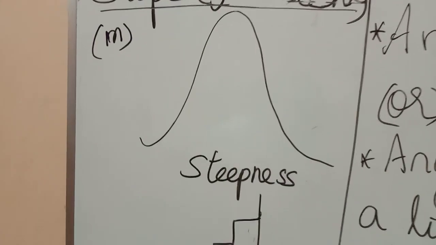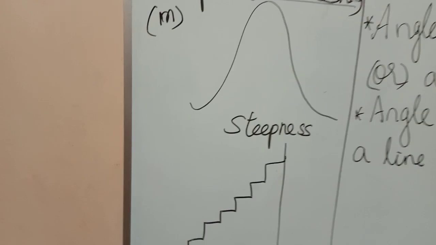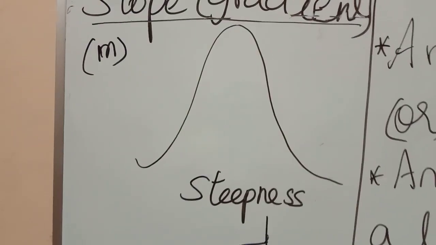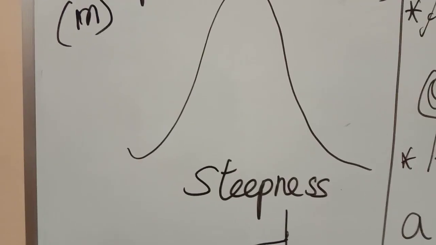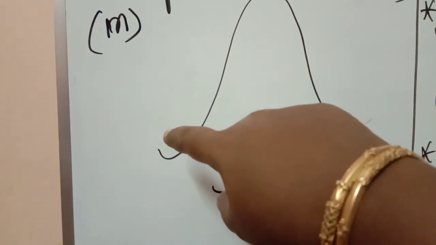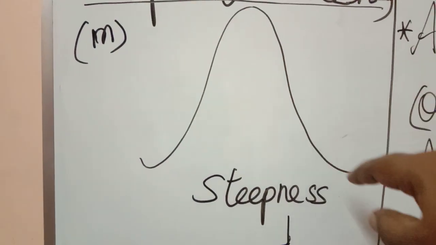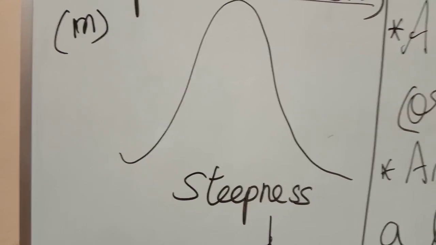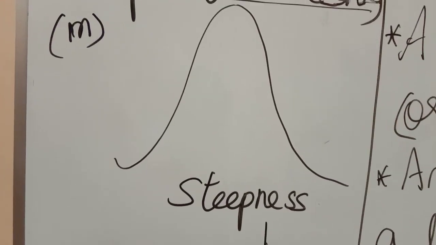In our daily life, we are using that without knowing its mathematical terms. Suppose a hill is there. Anyone traveling along a hill feels it hard compared to traveling on a plain road.